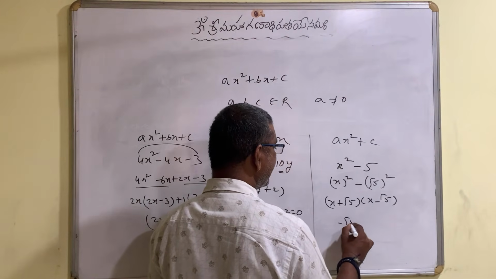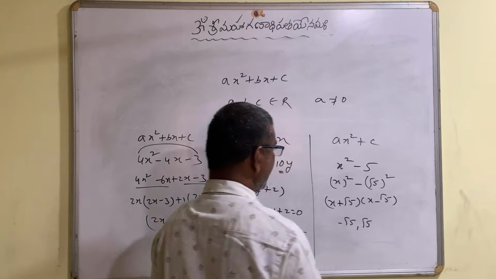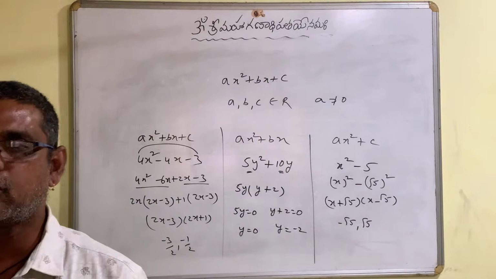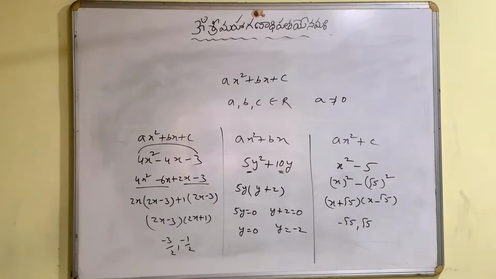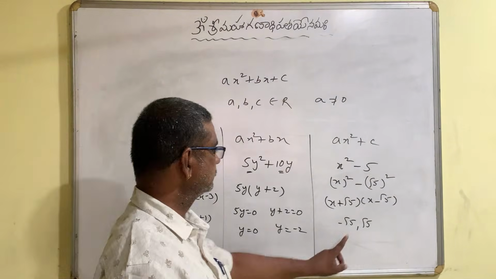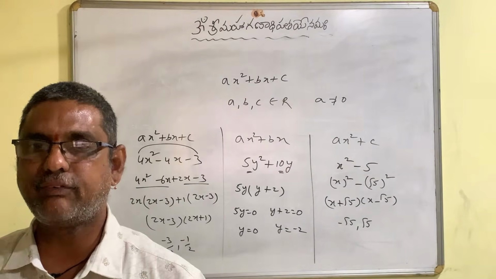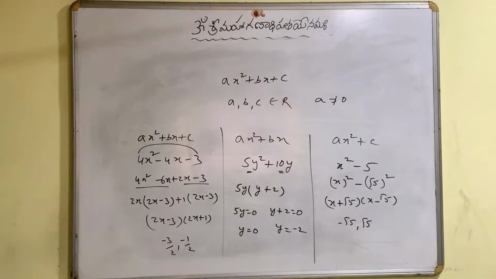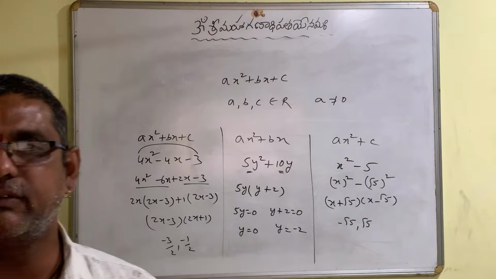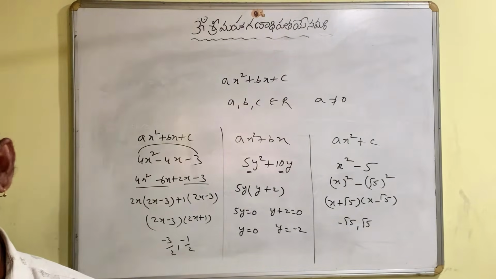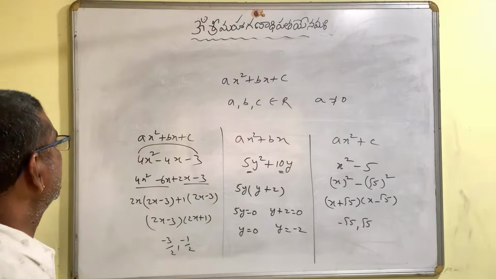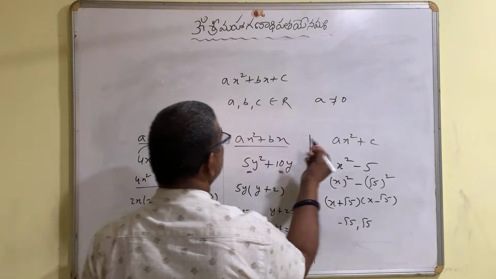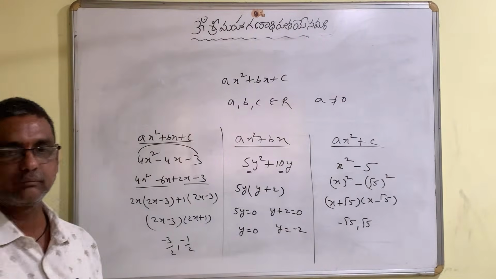So the zeros are negative root 5 comma root 5. Okay. So like this we can find out the zeros of the given quadratic polynomial in all the three forms. First one, second one, third one.